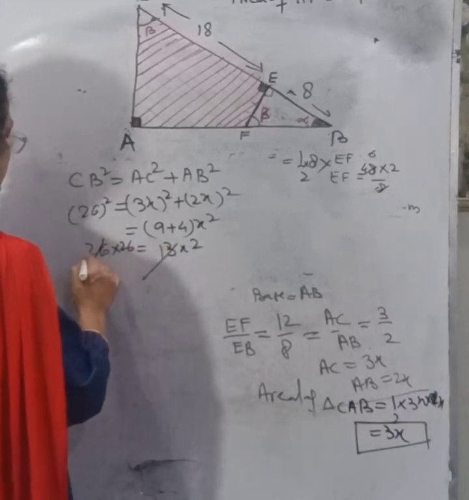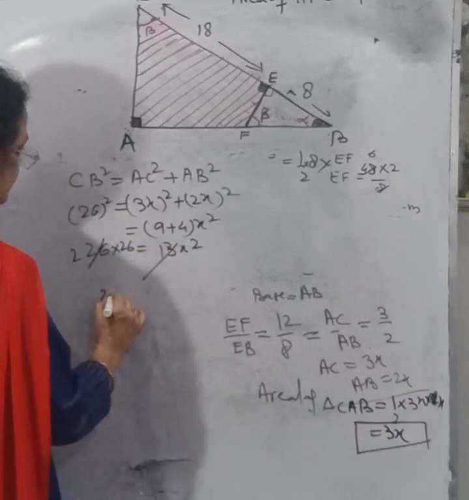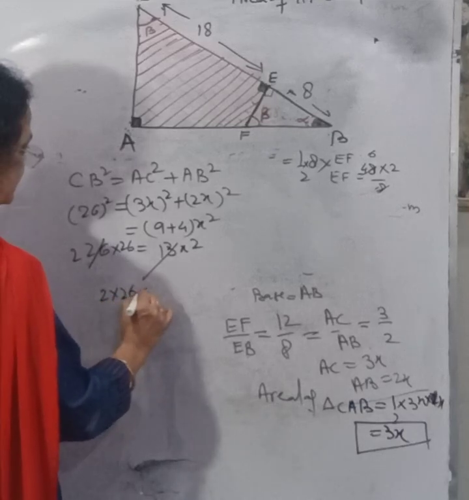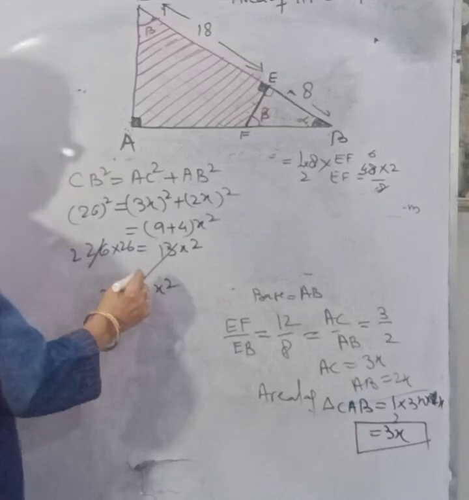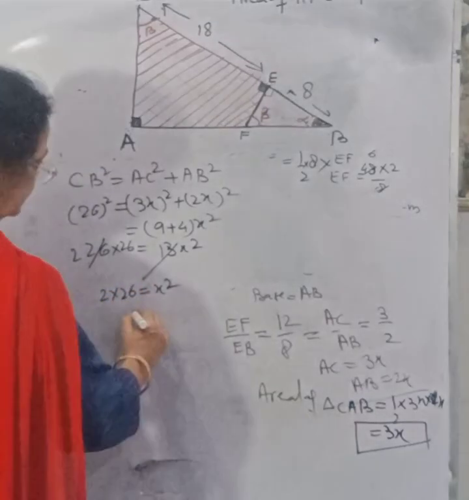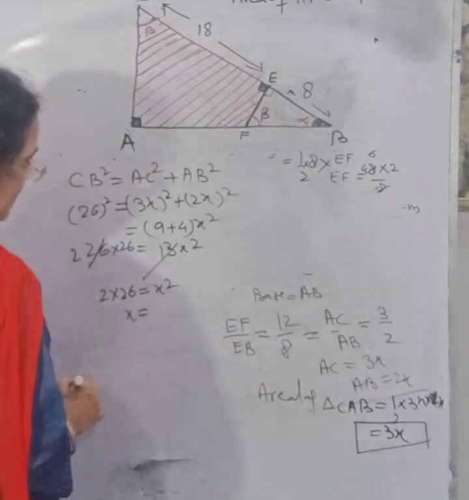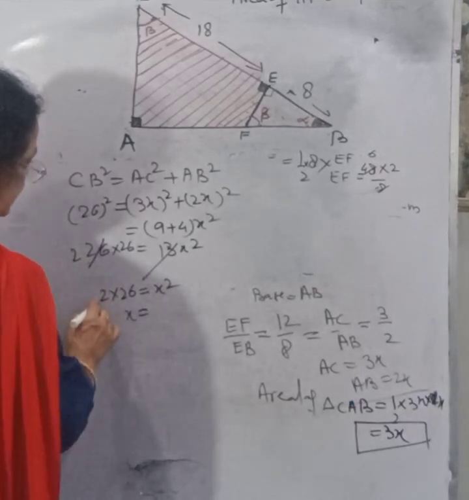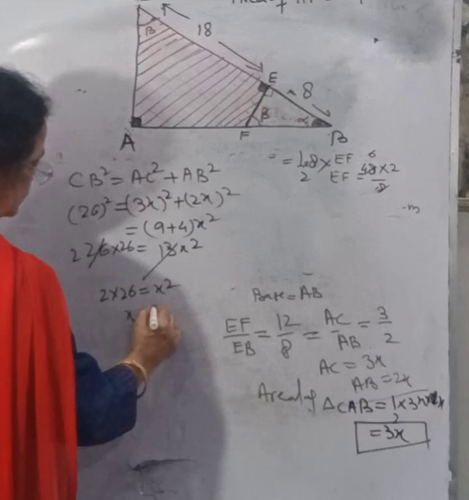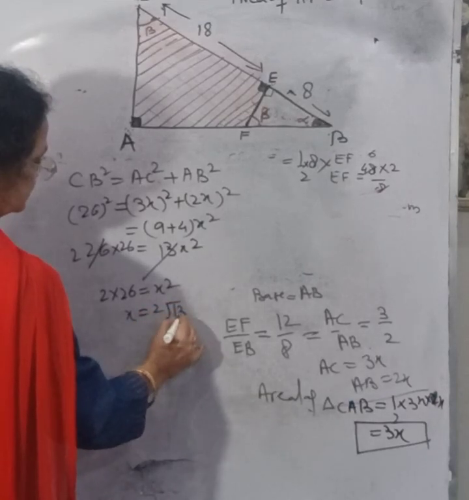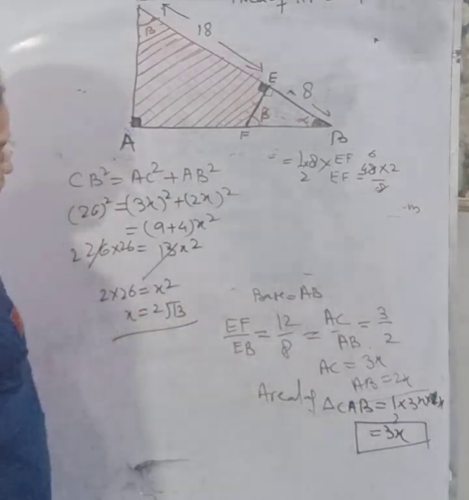This 13 gets cancelled, we'll get 2. It means 2 into 26 is x square. It means x will be equal to 2 root 13.